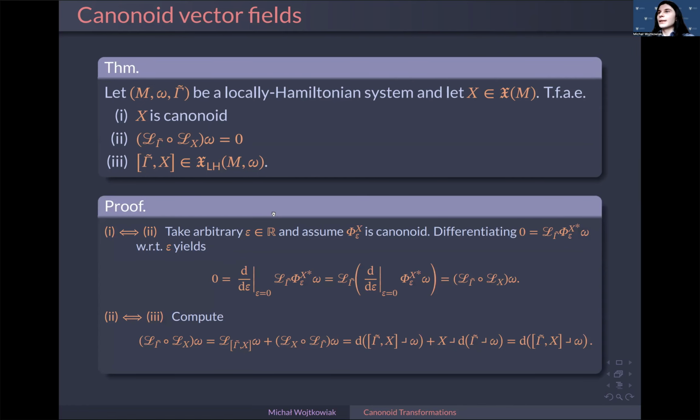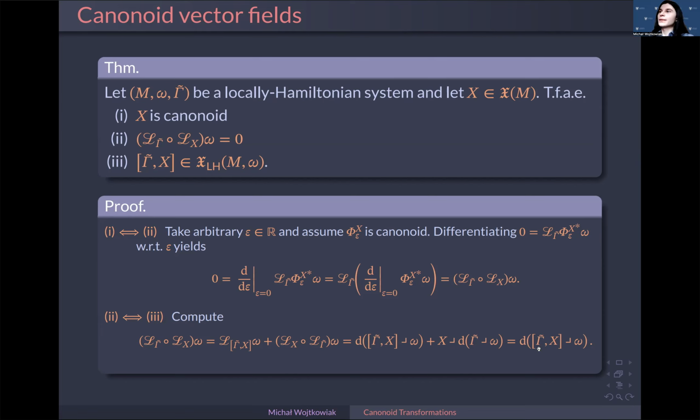So we simply take the derivative of the definition of a canonoid transformation with respect to this parameter of the diffeomorphism group. And we get the double Lie derivative. And then going from 2 to 3, we simply use the formula for the Lie derivative along the commutator, just expand these terms and take the differential out, and we get this equality.